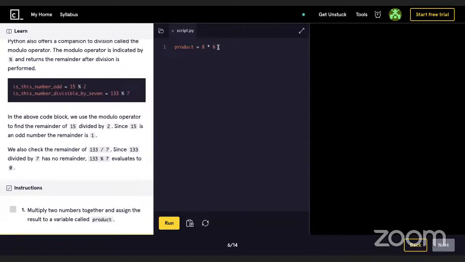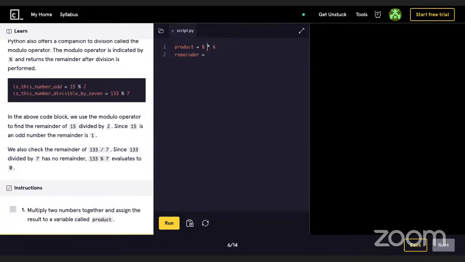On the second line, type remainder, then put a space and put equals like the product.